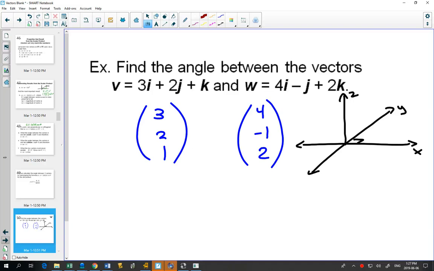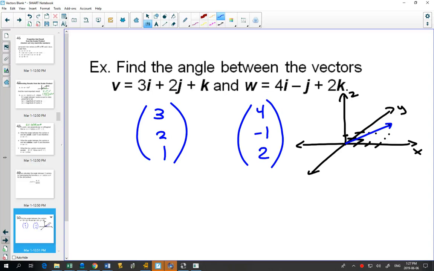If I do 3, 2, 1, that would mean 3 in the x direction, 2 in the y direction, and then 1 up. That would be that vector. Can you imagine that in 3 dimensions?